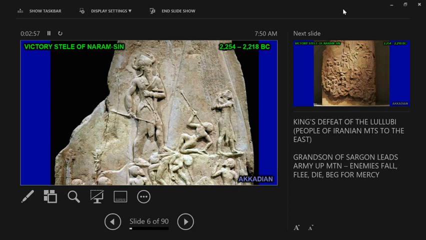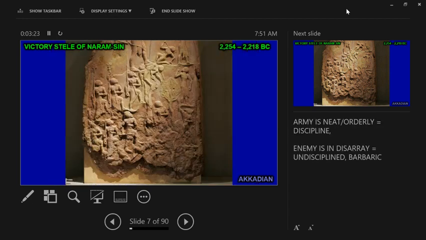And as he leads his army up the mountain, the enemies fall and die and beg for mercy. That's pretty badass. You can see this guy has what looks like a spear in his neck, and he's dying back. And then we have other people on the ground as he walks over them.